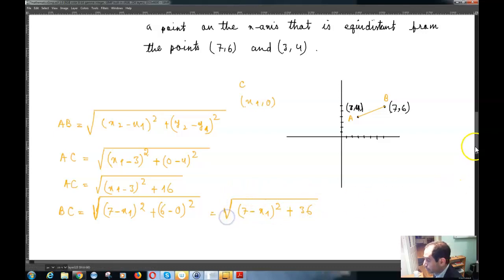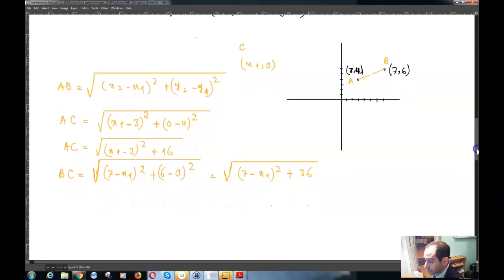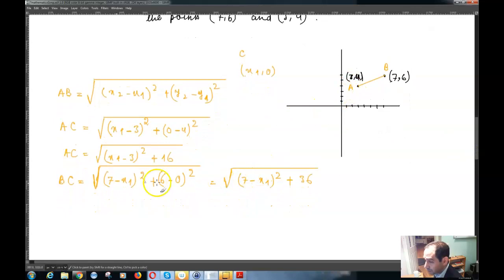Now this is the distance between B and that point on the x-axis, and this is the distance between point A and that point on the x-axis, and these are supposed to be equal.